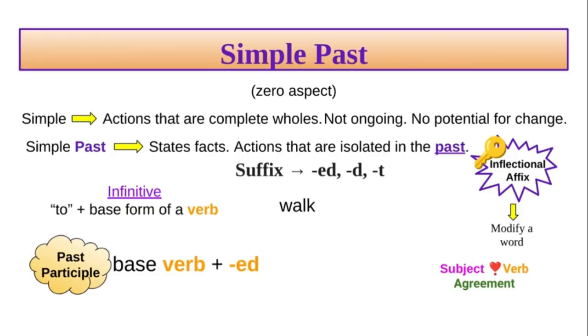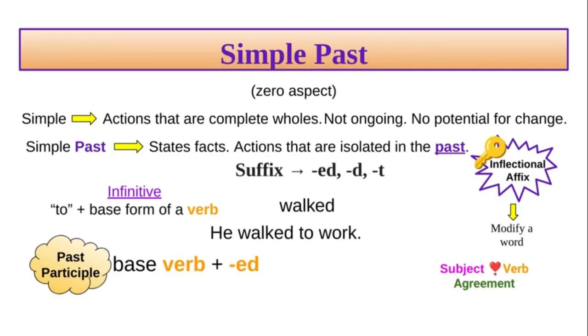To conjugate the verb to agree with a subject in person, number, and tense, we're going to add the inflectional ed affix. The ed suffix conjugates this regular verb to the simple past tense, walked.